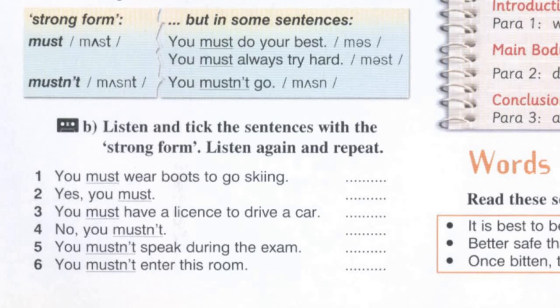You have sentences from number 1 to number 6. Look here. You must wear boots to go skiing. And the next ones. Yes, you must. Listen and find out, or tick the strong must.